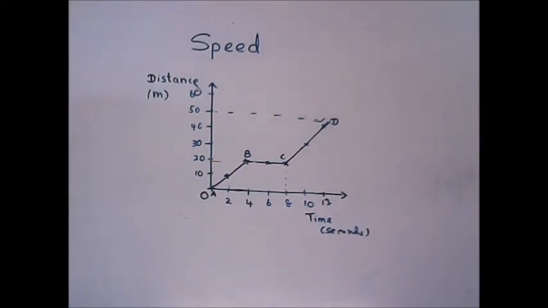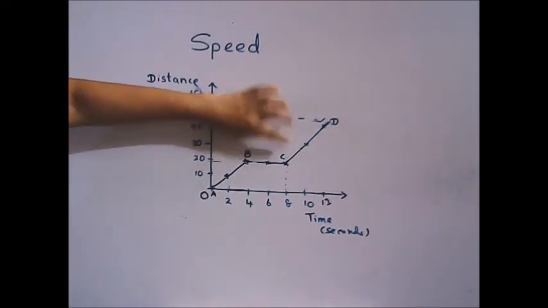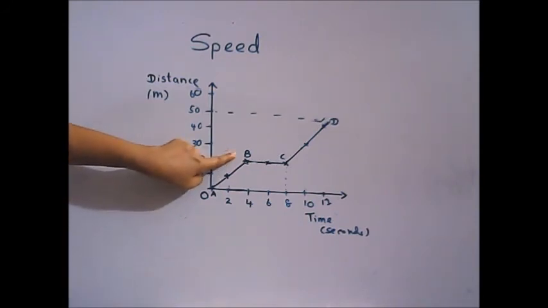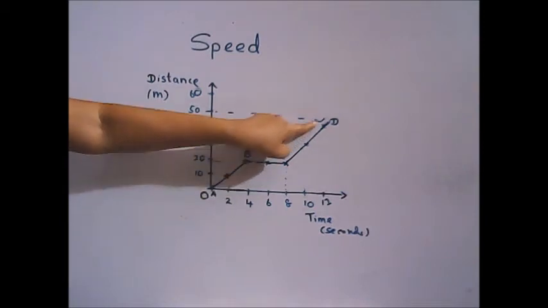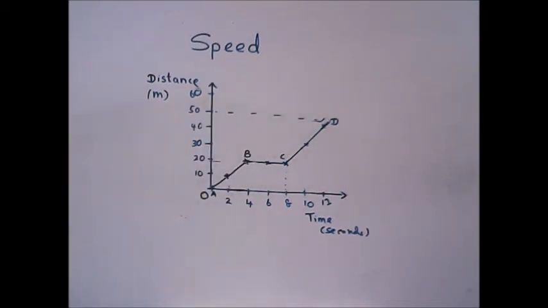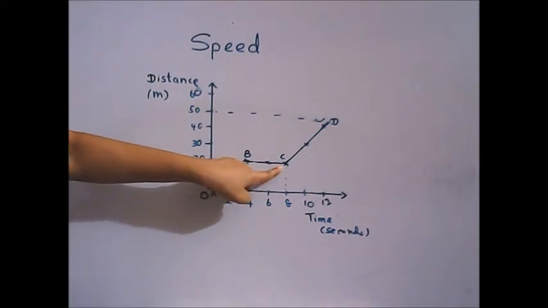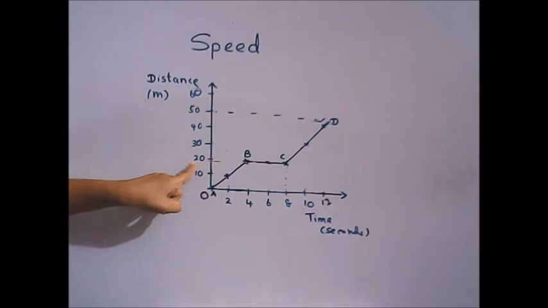Now this distance time graph represents Nima's journey. Nima went to the shop, bought some stuff and went to someone's house. Now between B and C, the distance is 20 meters.